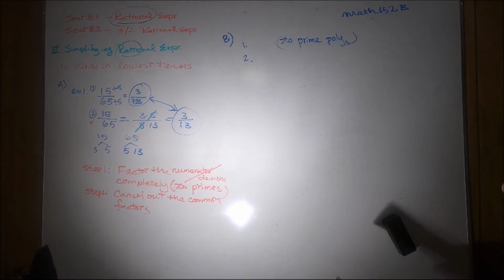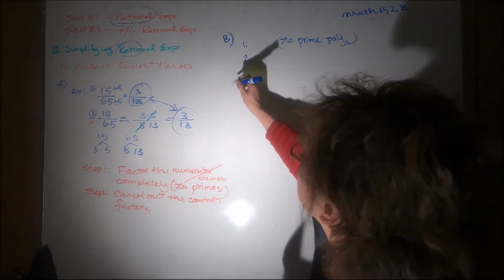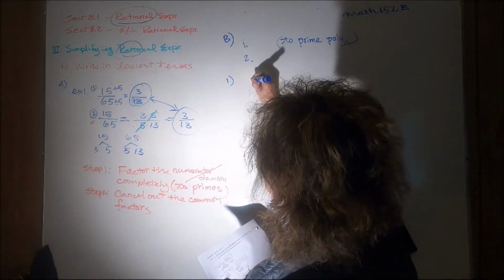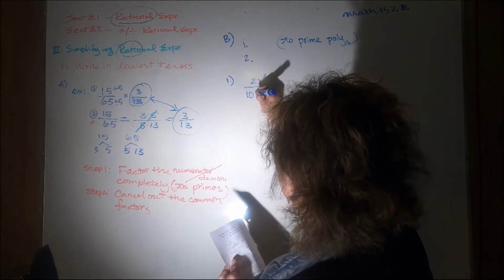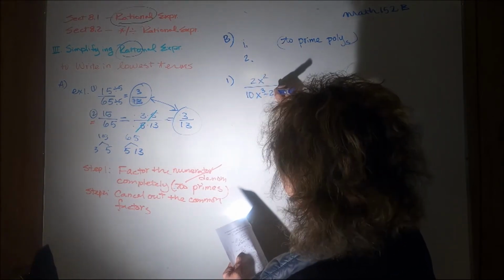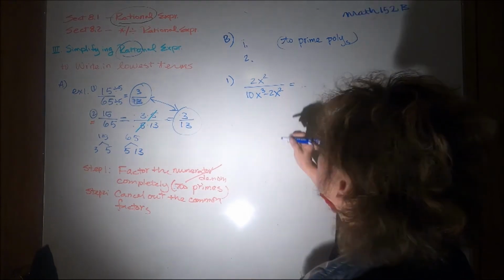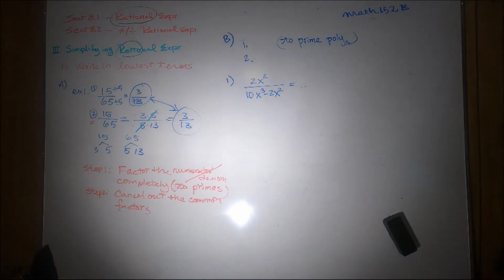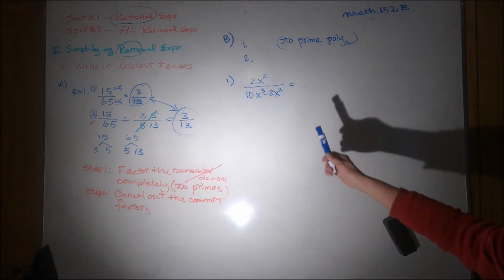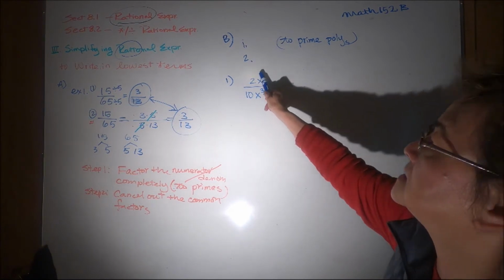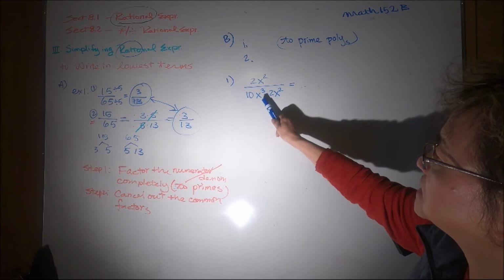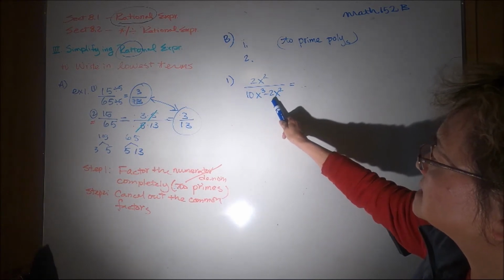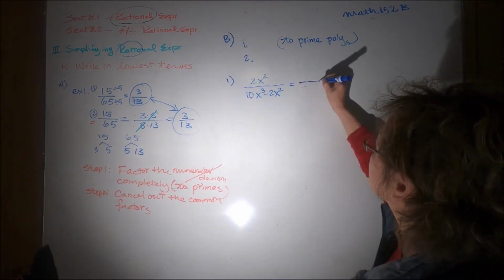Let's see some examples. So for the first one, first you check. Is this a prime? Yes, that's the simplest form, right? Then for the denominator, is that a prime?